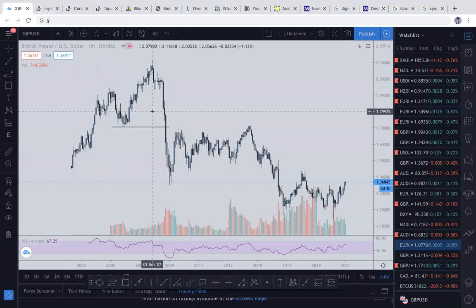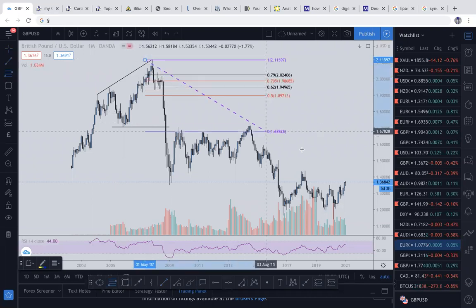And before the break of market structure, look what happened. And this is a monthly time frame. And now look what happened after we broke the market structure. We just dipped down so quick.